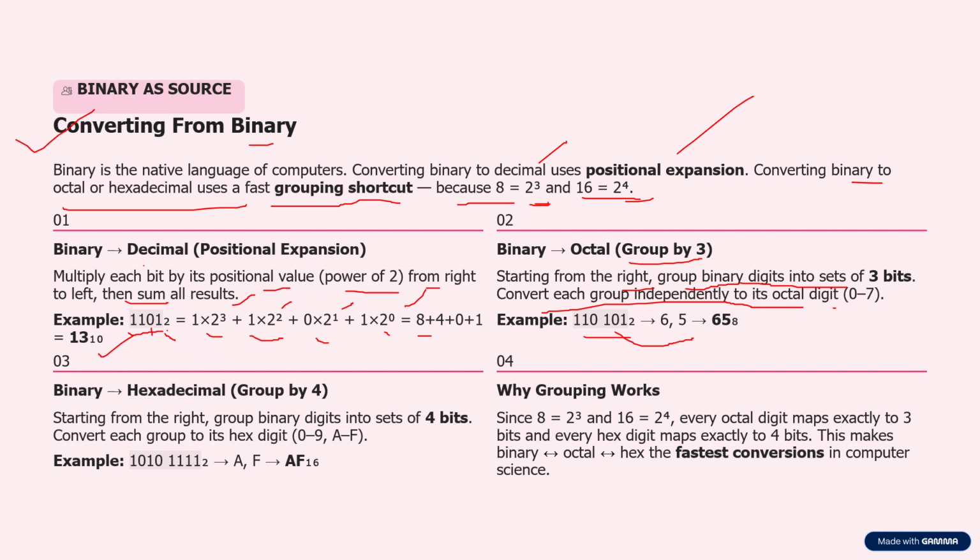Now see, 101 has value 5 and 110 has value 6. If we convert 1 times 2 to the power 0 plus 0 times 2 to the power 1 and 1 times 2 squared, we get 5. Similarly, 0 times 2 to the power 0, 1 times 2 to the power 1, and 1 times 2 squared, we get 6. So the result is 65 base 8.